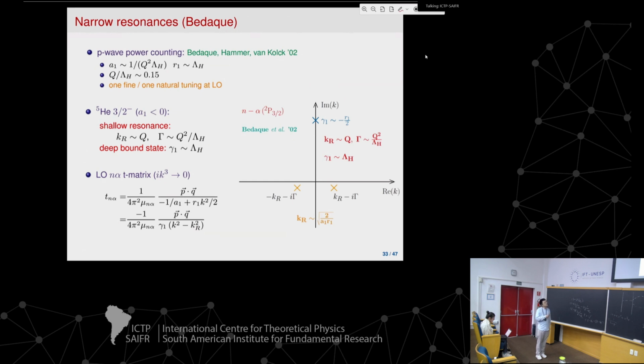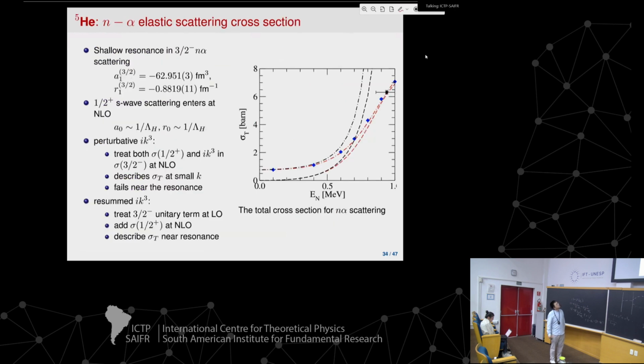But if you want to describe the resonance position, once your energy is near the resonant pole, then this imaginary part will be important. It cannot be dropped. For example, if you want to describe the resonance in helium-6, then you also need to include this unitary term.